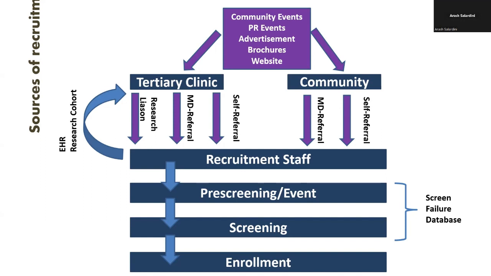And that pre-screening can be done by recruitment staff or volunteers or postdocs or students who are working with you. And once you have permission from the patient and the family to contact them, they contact them, go through a brief record of things that can quickly rule in or rule out.